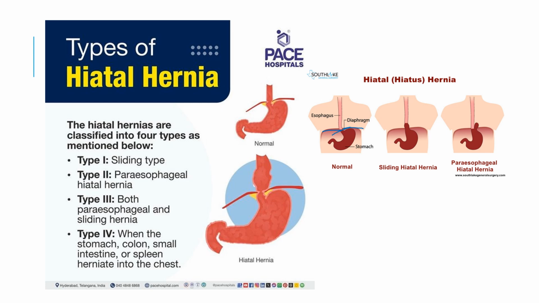But when there is a hiatal hernia, the gastroesophageal junction may get lifted up like in a sliding hernia, or the gastric contents may herniate through that defect into the chest cavity alongside the esophagus, which is called the paraesophageal hiatal hernia. Type 1 is sliding type. Type 2 is paraesophageal. Type 3 is both paraesophageal and sliding. Type 4 is when the stomach, colon, small intestine or spleen all herniate into the chest.